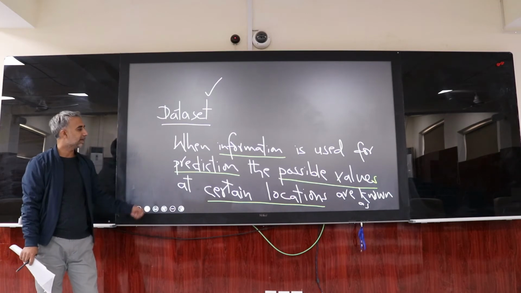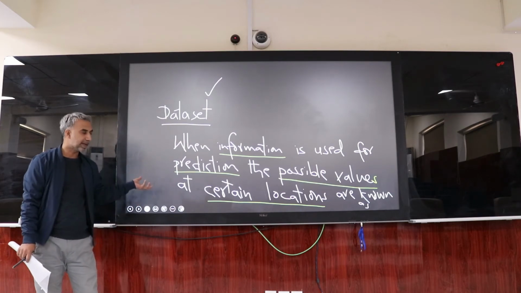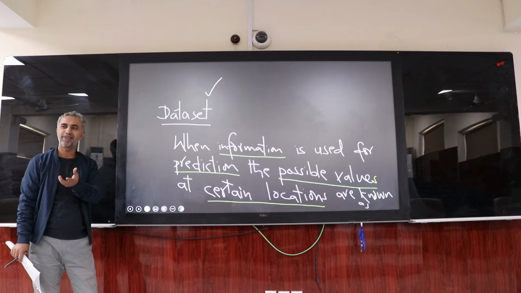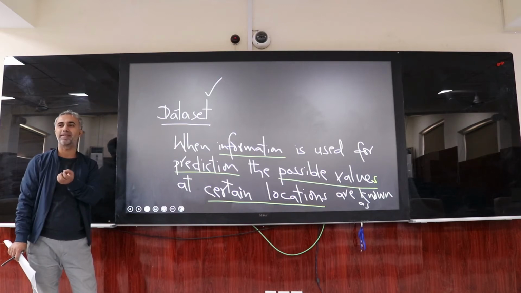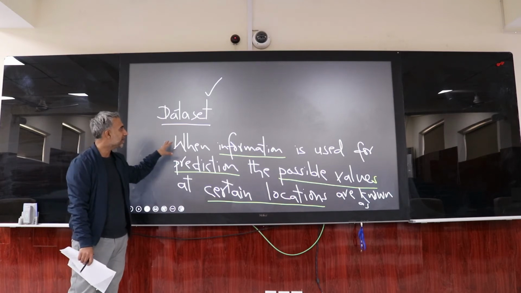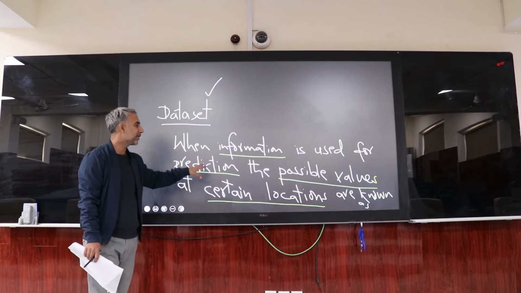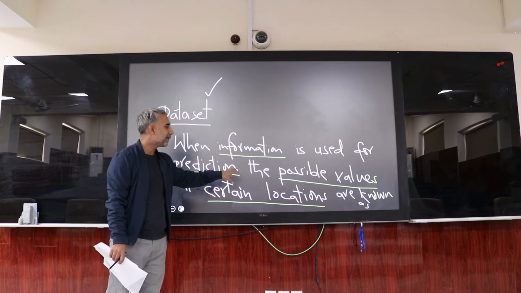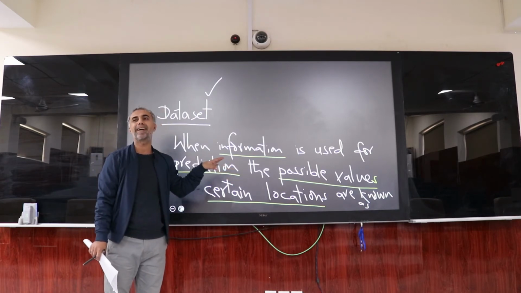Yeah, it is your prediction because you have this kind of knowledge. But in this definition we want to say possible values, not the exact values, possible values of the information.